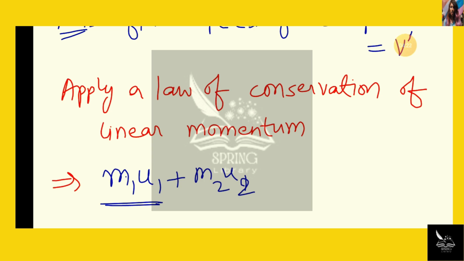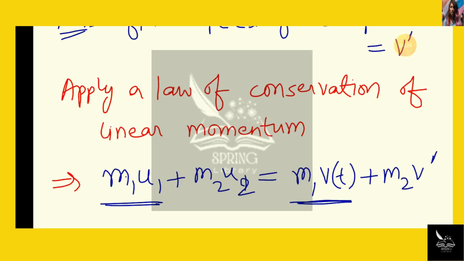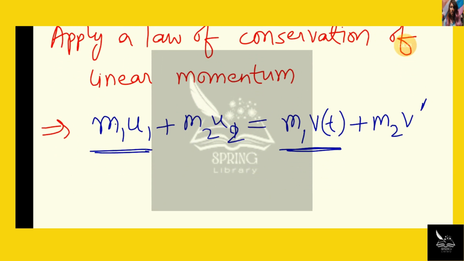That equals the linear momentum after collision, m1 v(t) plus m2 v dash. m1 v(t) is the linear momentum of the first particle after collision, and m2 v dash is that of the second particle after collision.